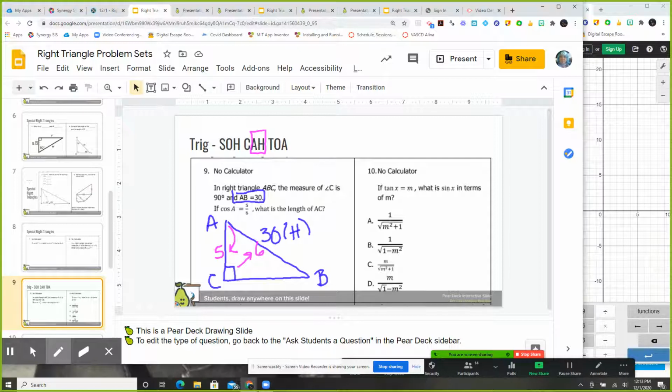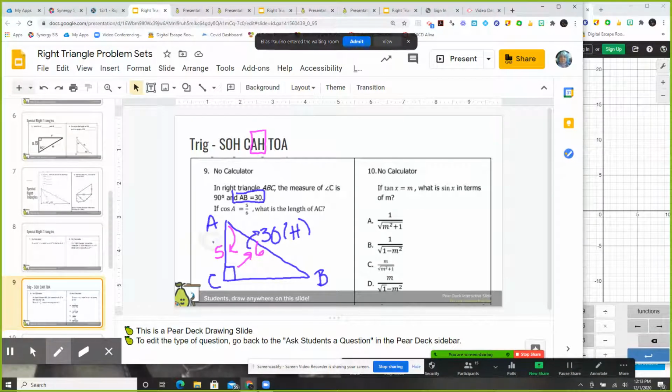So this is the problem. Remember when we had the 3, 4, 5 and we multiplied it by a scale factor, made it 6, 8, 10, or multiplied it by 10 and made it 30, 40, 50, or 60, 80, 100? This is the same thing. So what can I multiply 6 by in order to make it 30? 5.